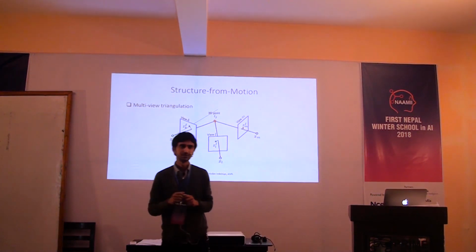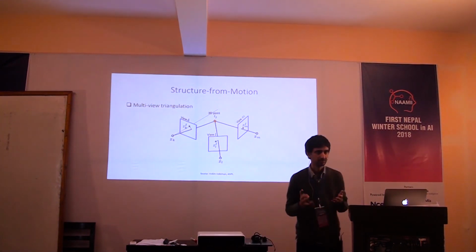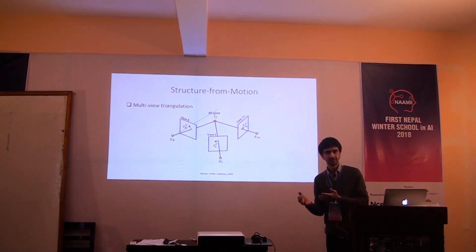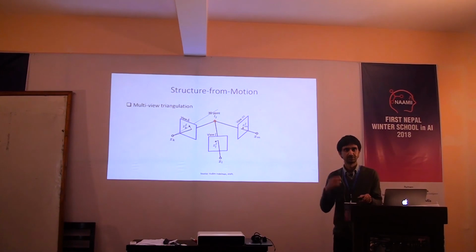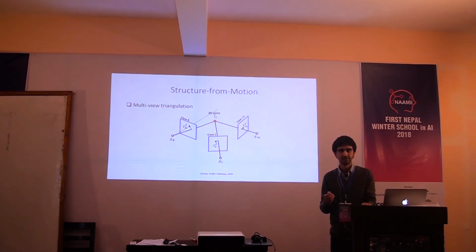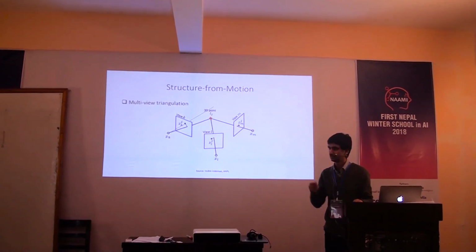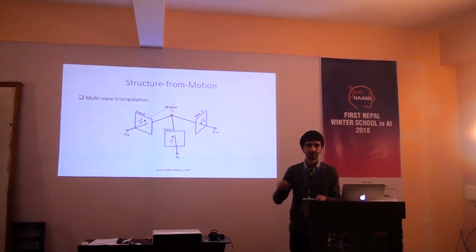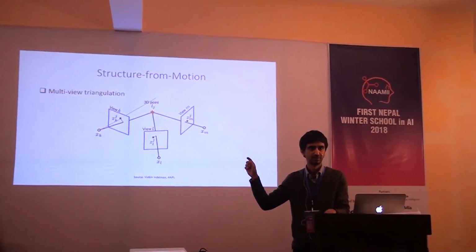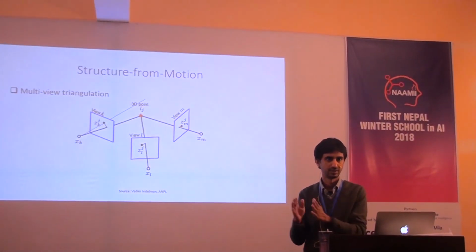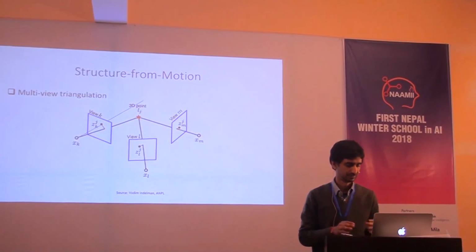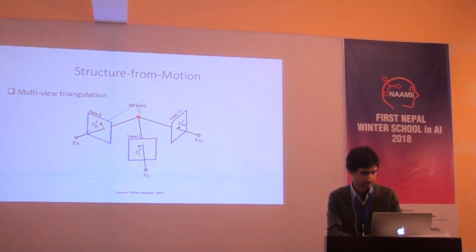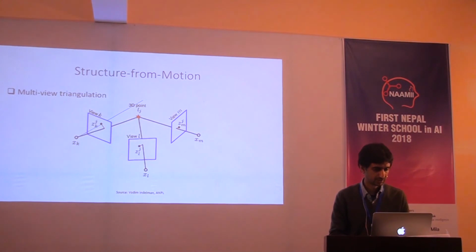So your variables in this case would be R, the rotations, and the translations. You optimize for rotations, translations, and the 3D points, such that these errors are 0 or less. And this is mostly the final step of structure from motion.